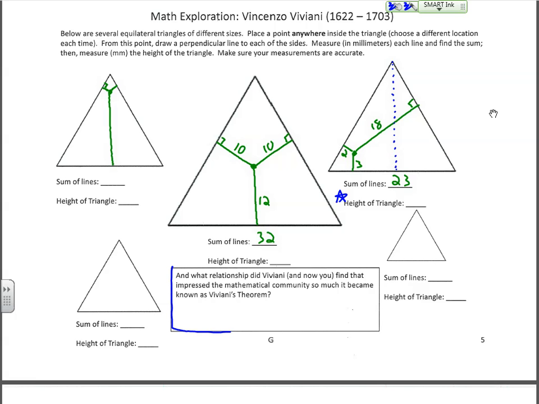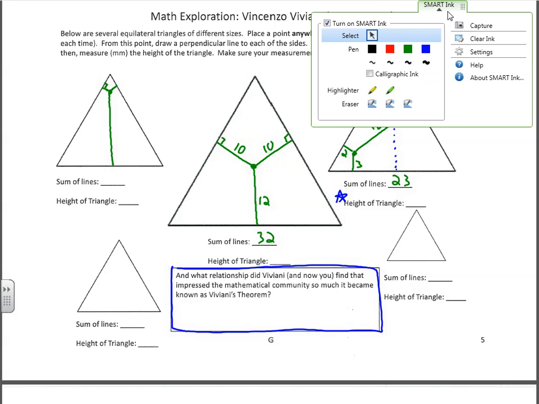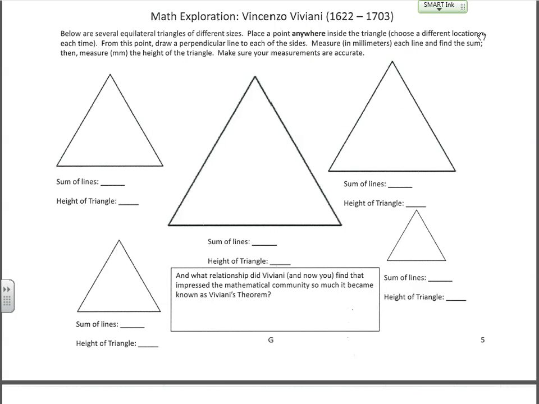It says, in what relationship did Viviani and now you find that impressed the mathematical community so much it became known as Viviani's theorem? Just think, if you had been alive back sometime between 1622 to 1703, we might have a theorem named after you if you had found this first. But oh well, missed out. But you have TikTok, so I don't know.